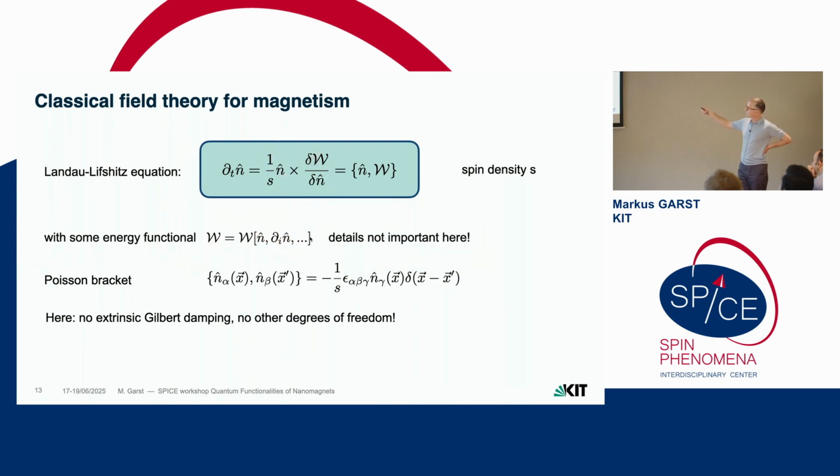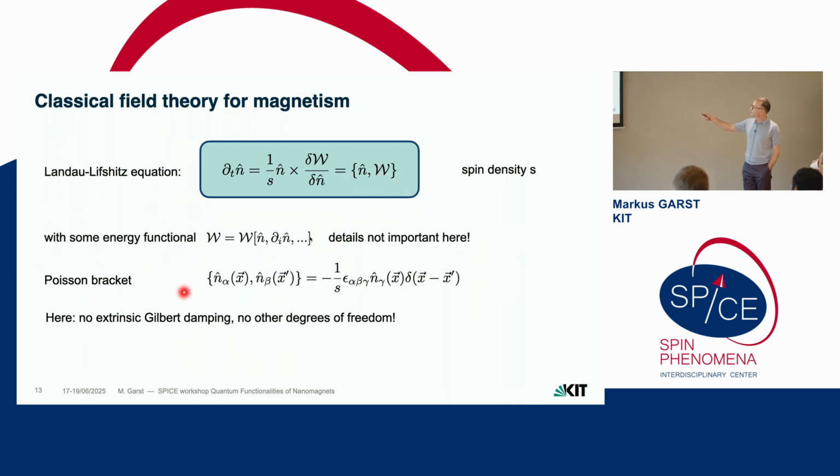This is a functional derivative of the energy functional, which gives rise to an effective magnetic field in which the magnetization precesses. The details of this energy functional are not important here, but we will assume that it is local for simplicity, so we neglect dipolar interactions.